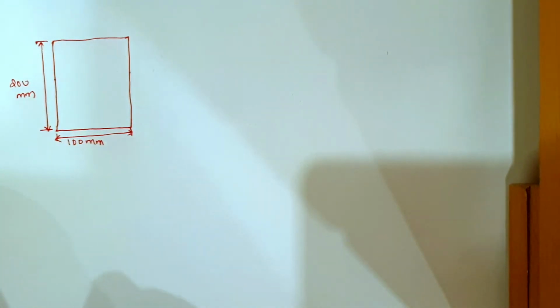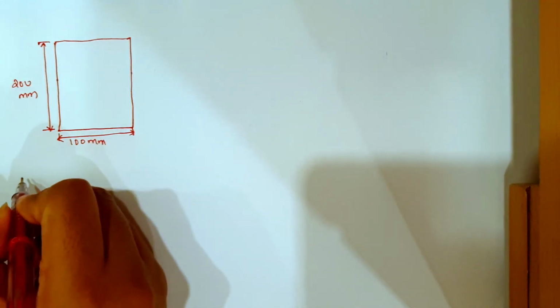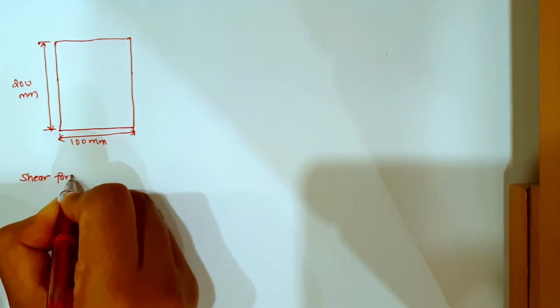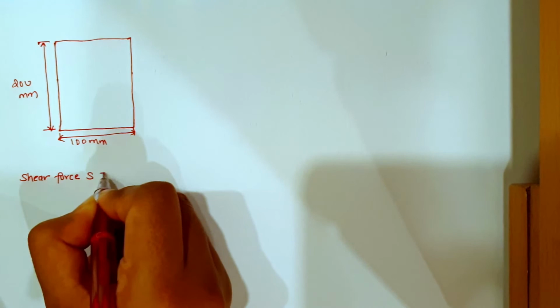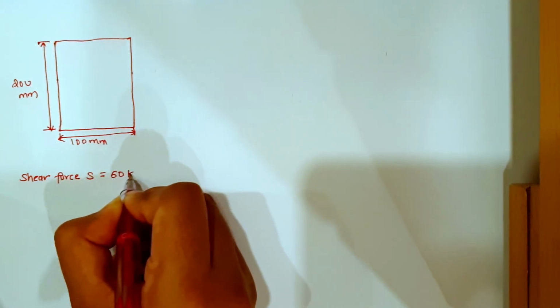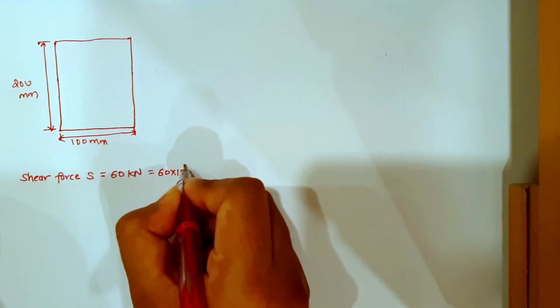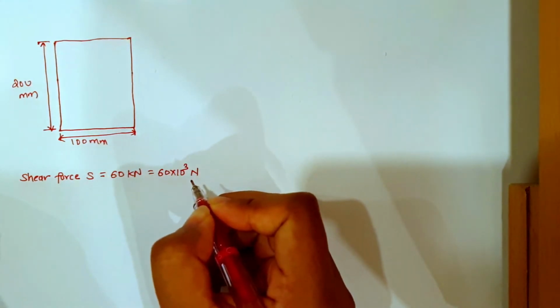And what else is given? It says it is subjected to a shear force of S equal to 60 kilonewton. Now if you convert this to Newton, it will be 60 into 10 raised to power 3 Newton, right?